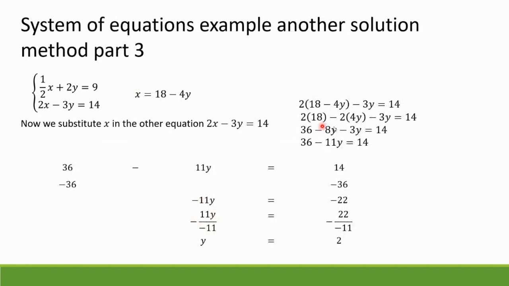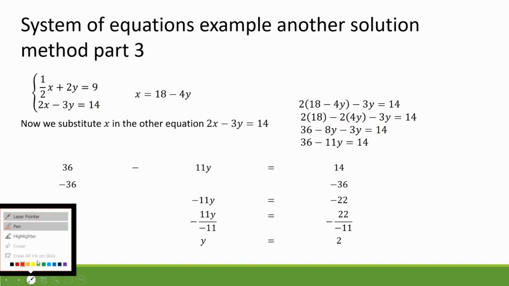Okay, so we substitute. That's what I did over here: 2x, 2 times 18 minus 4y. And of course, we can simplify that a bit. We distribute the 2. We get 2 times 18 is 36, minus 2 times 4y is 8y, minus 3y is 14. Let me draw it in.